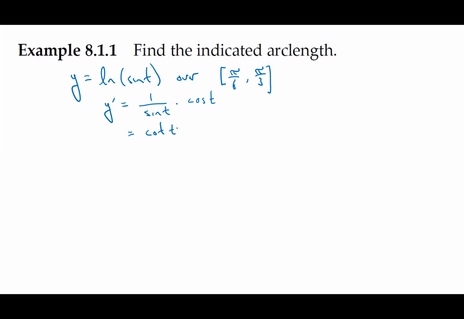And so now let's set this up. My arc length is going to be the integral from pi sixths to pi thirds of the square root of 1 plus cotangent squared t dt.